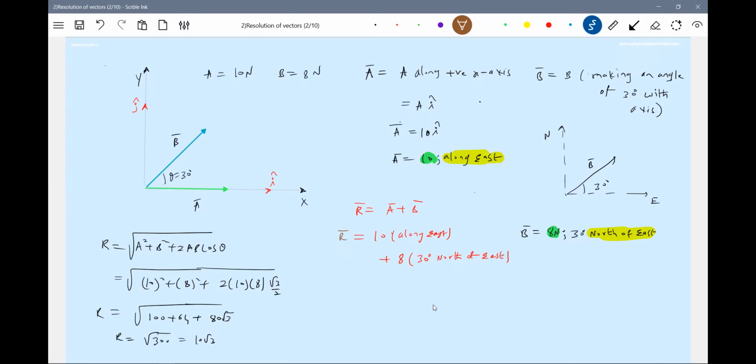Therefore, I have to bring in some vectors where this B bar is a problem. A bar, there's no problem. B bar, what if I can bring it in terms of I cap, J cap? Then I can go for the vector addition. Sir, already this is there, this is by the parallelogram law of vector addition.